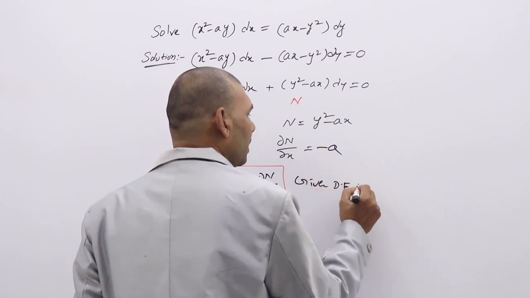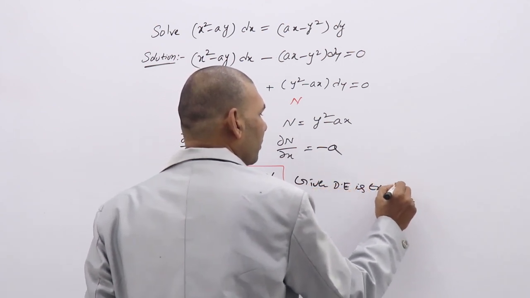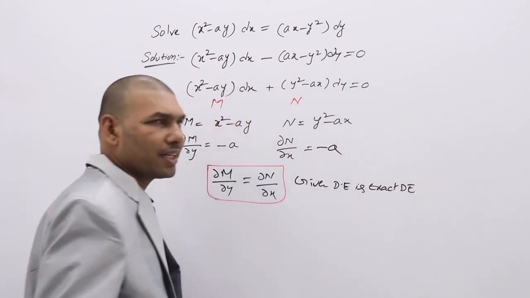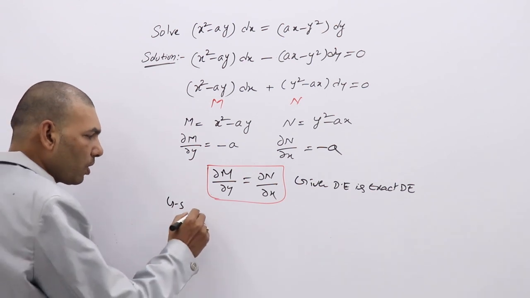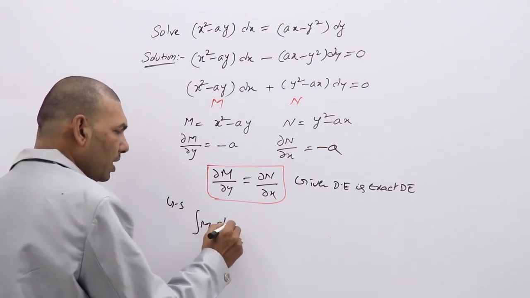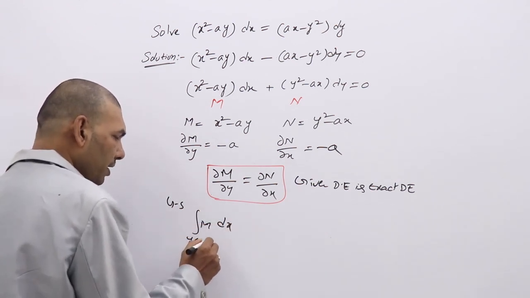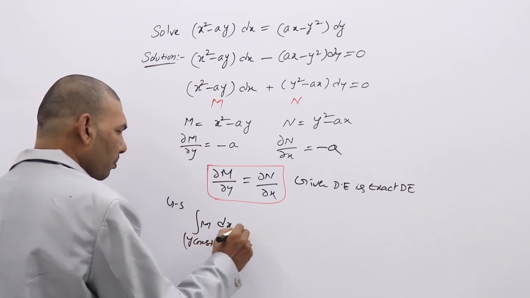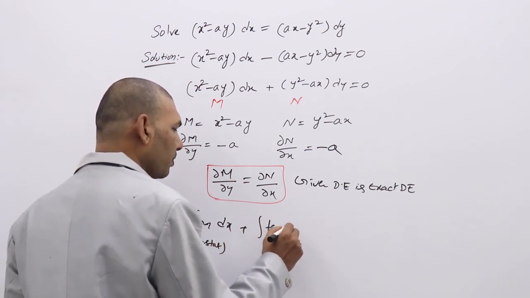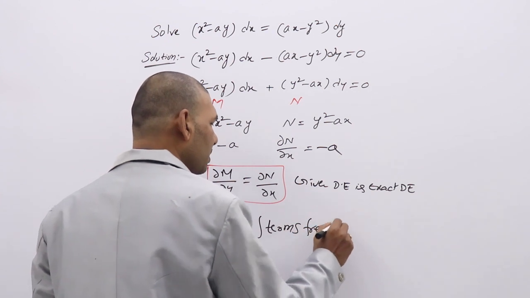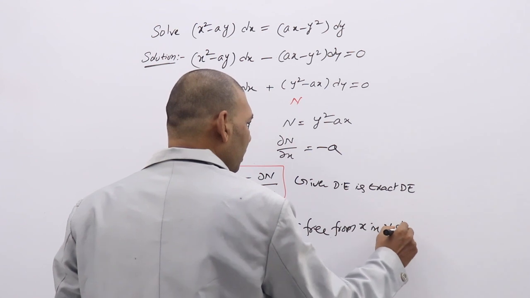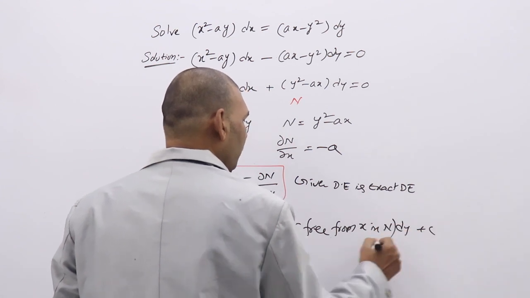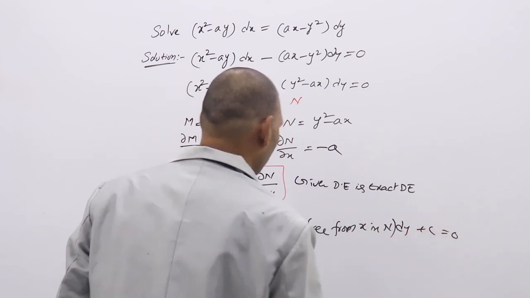Whenever the DE is exact, to find the general solution of an exact DE, we have a formula like this: integral M dx, y constant, plus integral of terms free from x in N dy, plus c equal to 0.